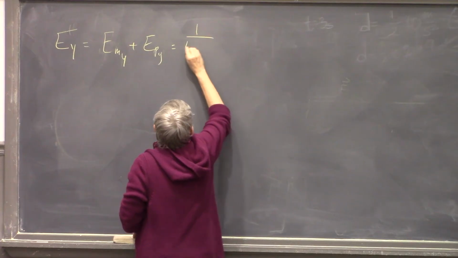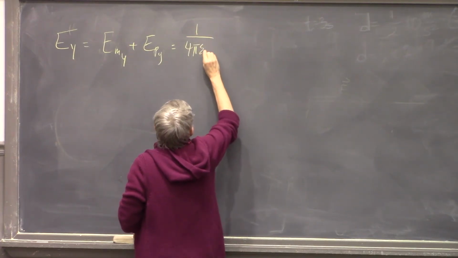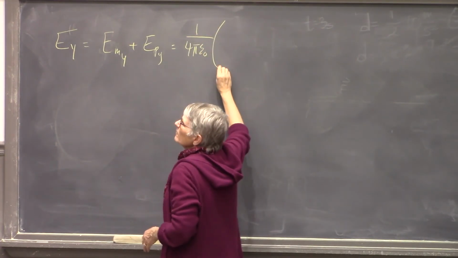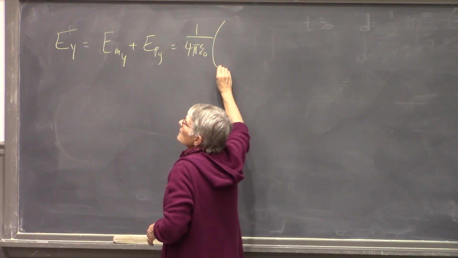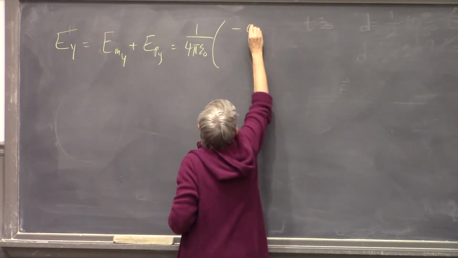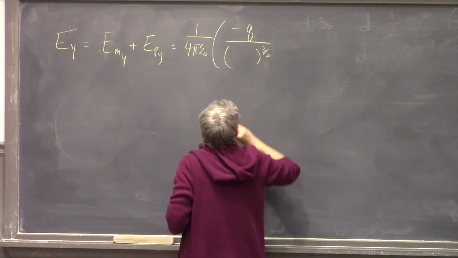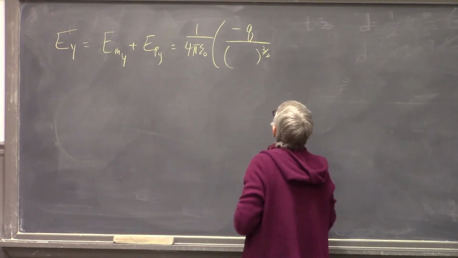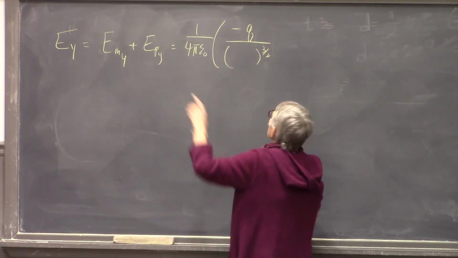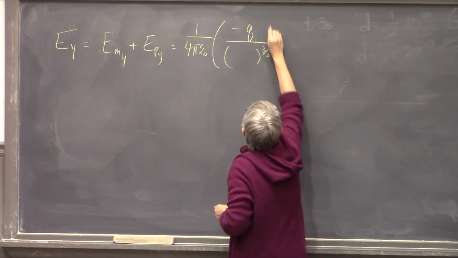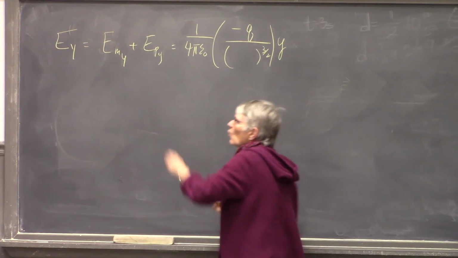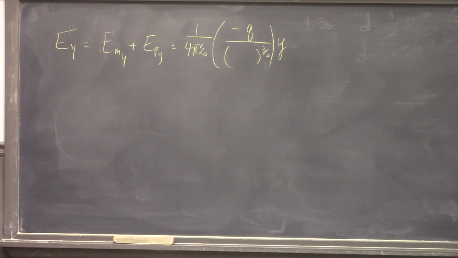So that's a 1 over 4 pi epsilon 0 times a minus q over this whole thing to the 3/2 times y. This is the vector component.